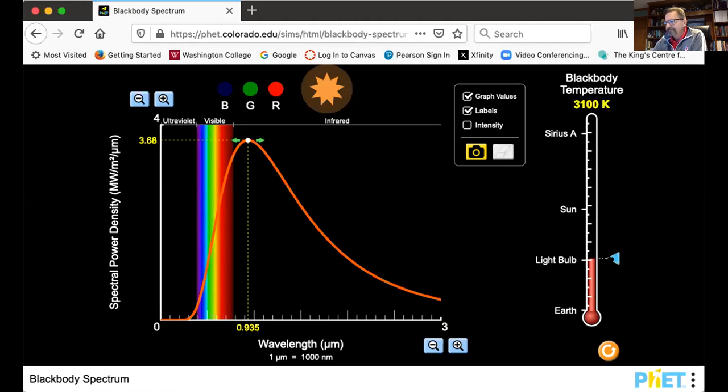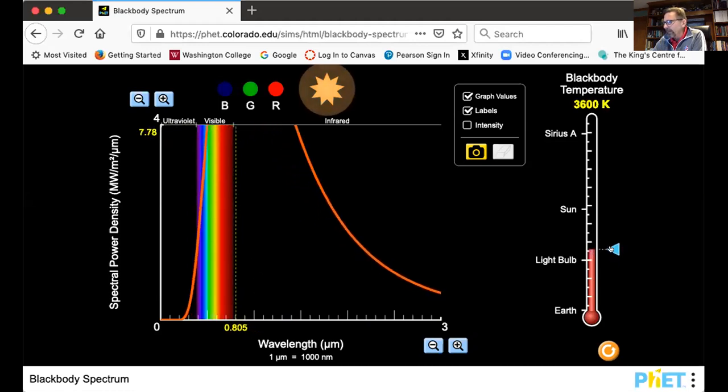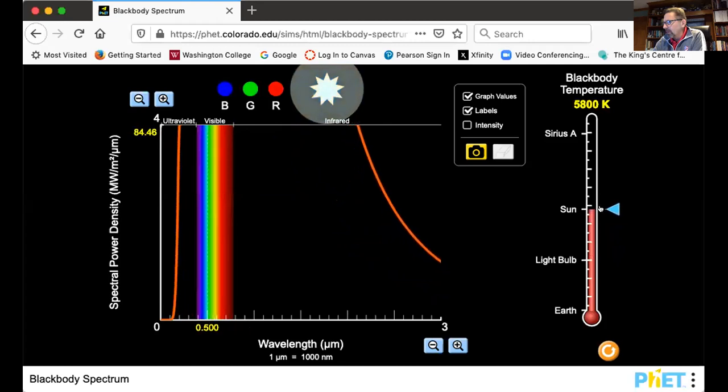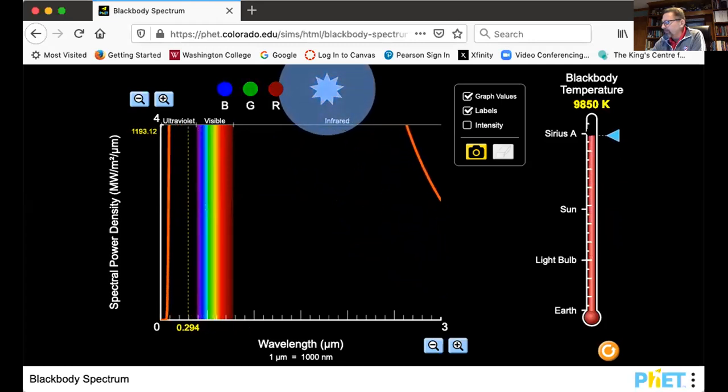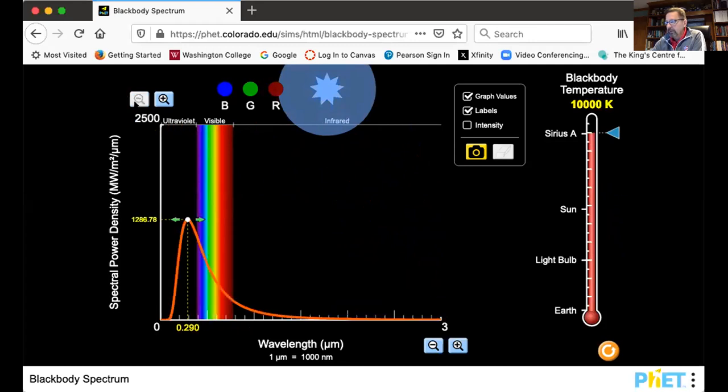On the other hand, if you go to a different star, maybe one like Sirius A, I better zoom out a little bit on this curve. You can see that the curve still has the same shape. Planck's curve fitting to these shapes still holds, but now the intensity is much greater at the peak, okay?